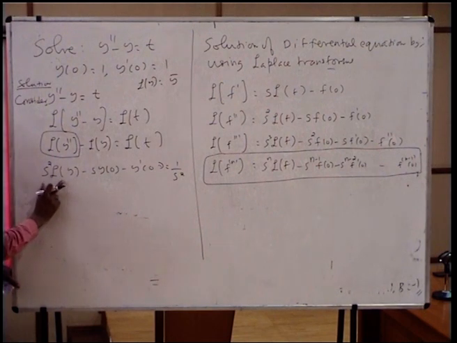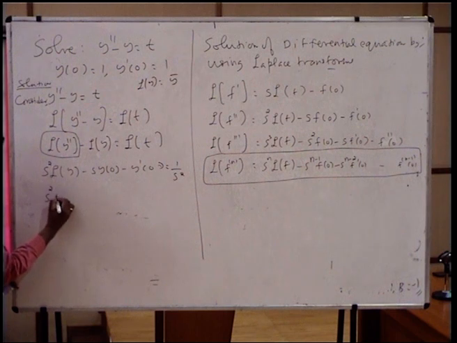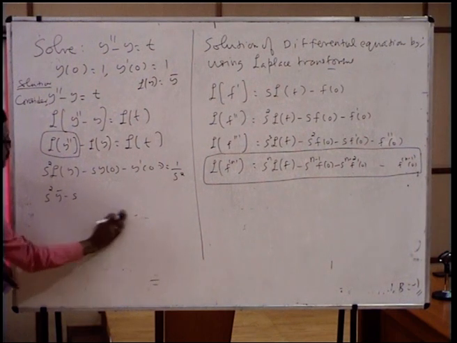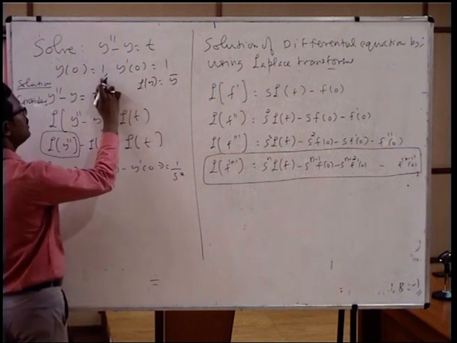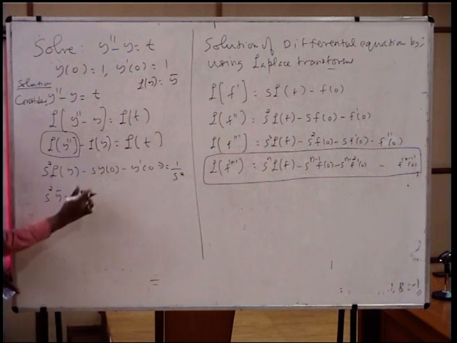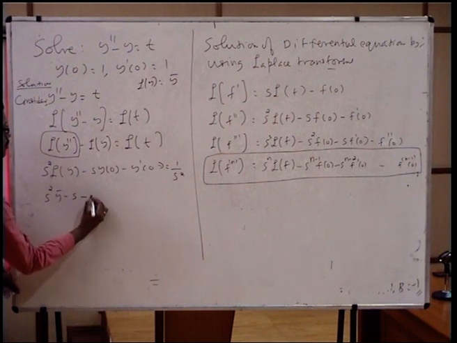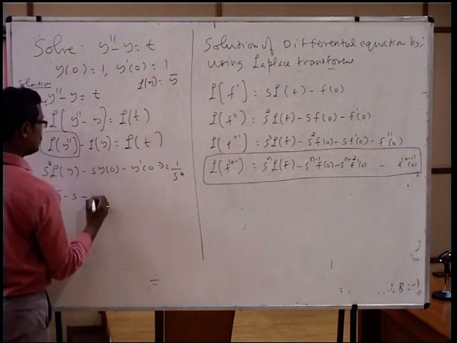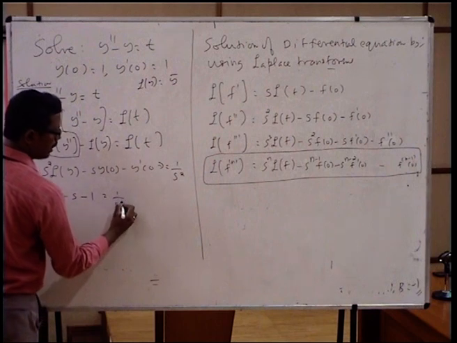Therefore, in terms of y bar, you can write this equation: s square y bar minus s into, and here the initial conditions are given, so y of 0 is 1, substitute it here into 1, minus y dash 0 is 1, minus 1, equal to 1 by s square.